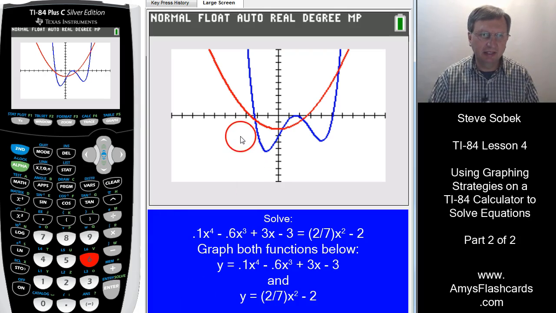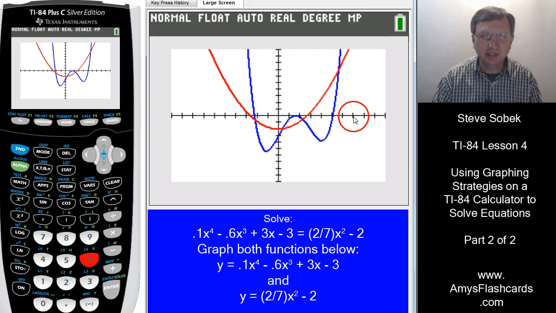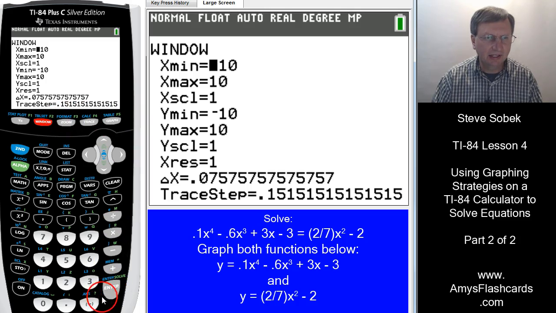That's not too bad of a viewing window. Maybe we could adjust that a little bit. See, 1, 2, 3, 4. Maybe let's go from -5 to 1, 2, 3, 4, 5, 6, 7. -5 to 7 on the x-axis. Hit the window button. And for the x values, let's go -5.